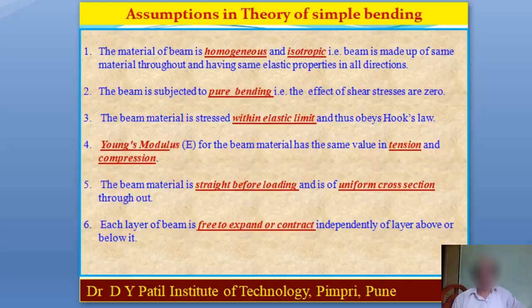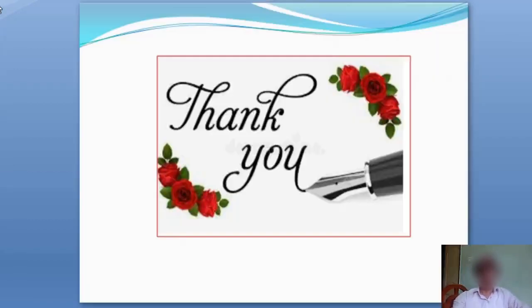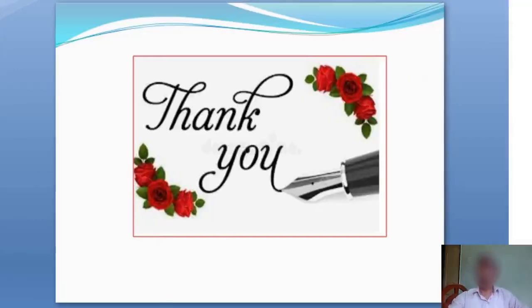And the last point of the assumptions is that each layer of the beam is free to expand or contract independently of the layer above or below it. I hope you understood what is meant by bending, shear stress, bending stress, and the difference between ordinary bending and pure bending.